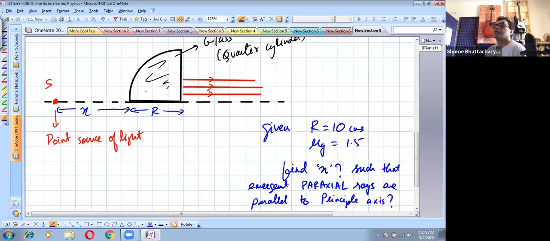So this is the quarter cylinder of glass. Obviously this point here is the center of curvature, and this point here becomes the pole. So your principal axis is this one, the line joining the point object, which in this case is the point source S, with the pole or the center of curvature. So just try this out with me.